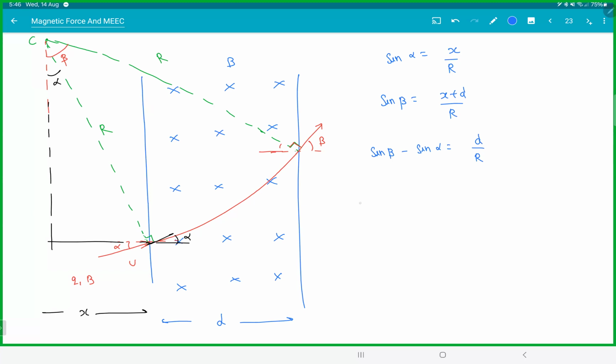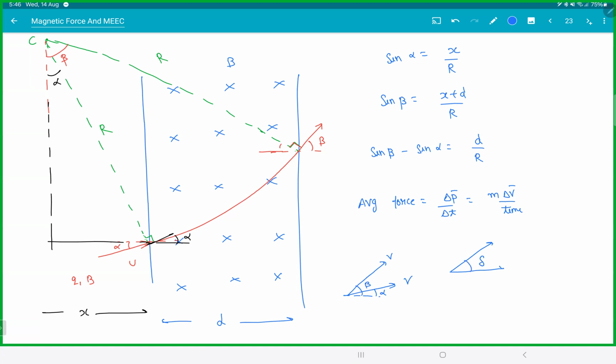And what is average force? Average force is simply the change in momentum by time taken, which is m into the change in velocity by time. Here you are entering at an angle alpha and leaving at an angle beta, so the velocity vectors are rotated by an angle.